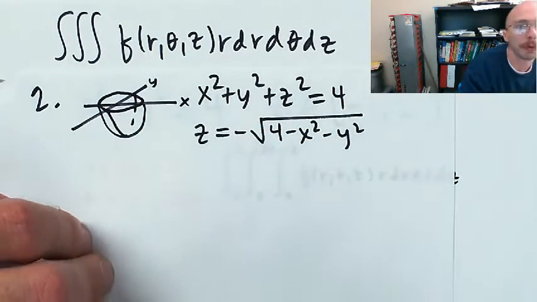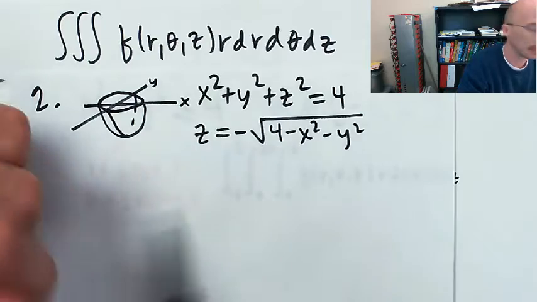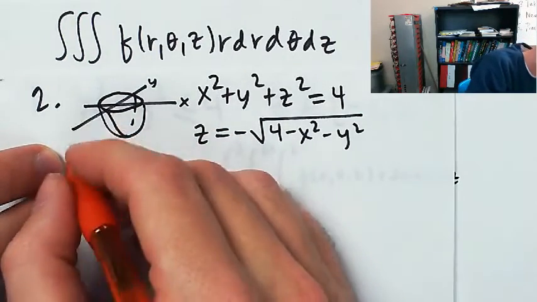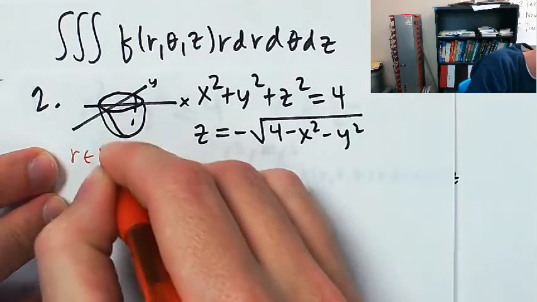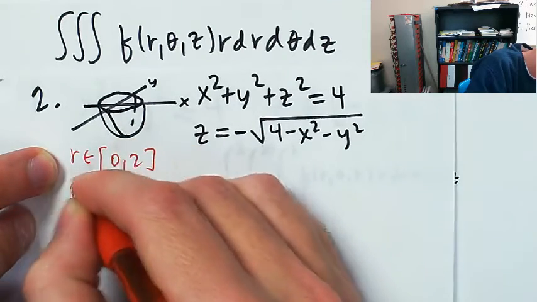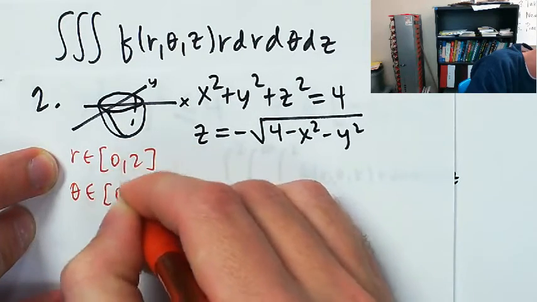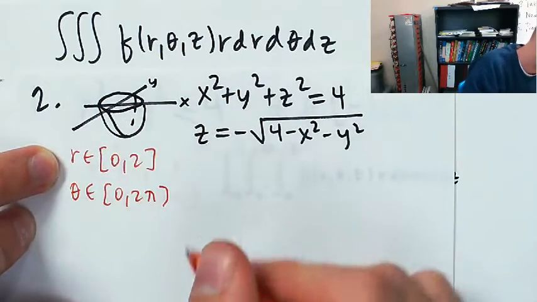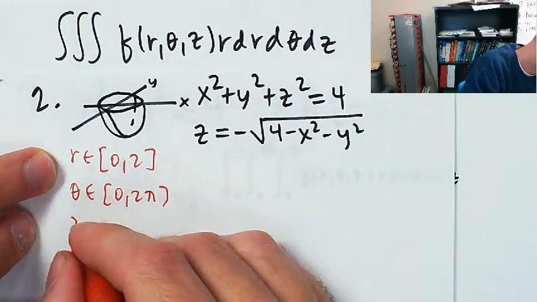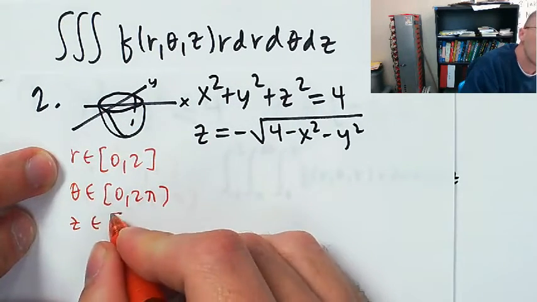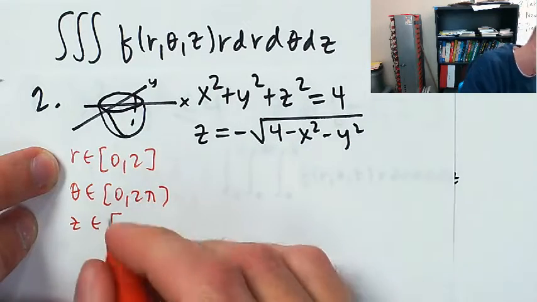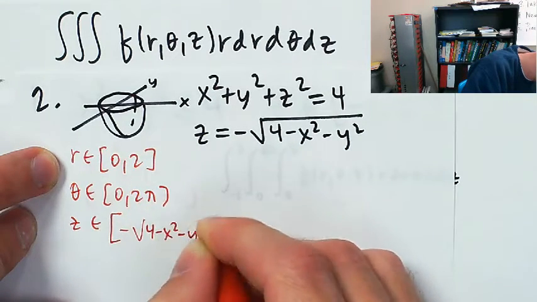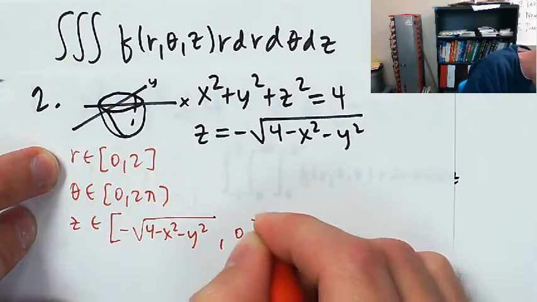So I'm going to have r running from 0 to 2, theta running from 0 to 2 pi, because it's the whole circle up here with radius 2, and z running from the negative square root of 4 minus x squared minus y squared all the way up to z equals 0.